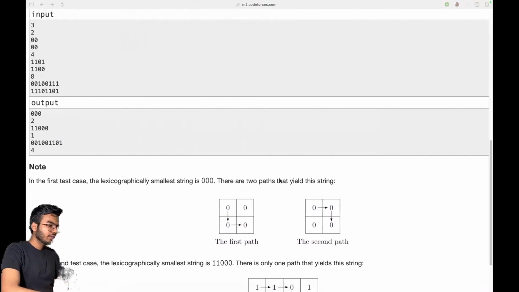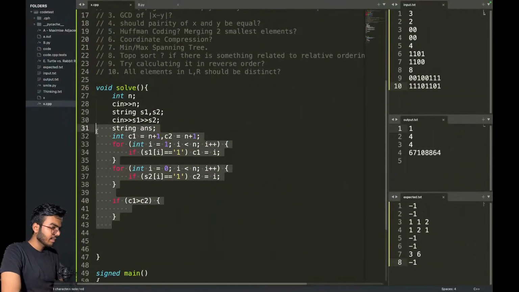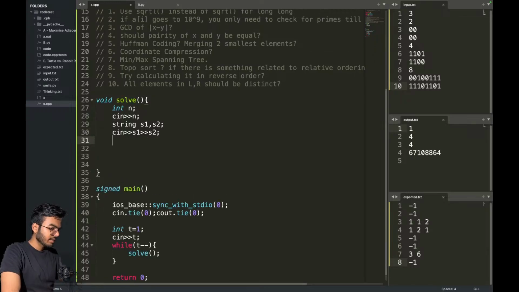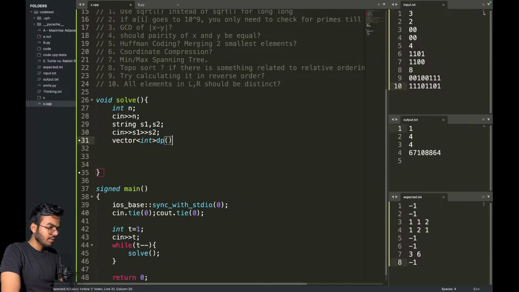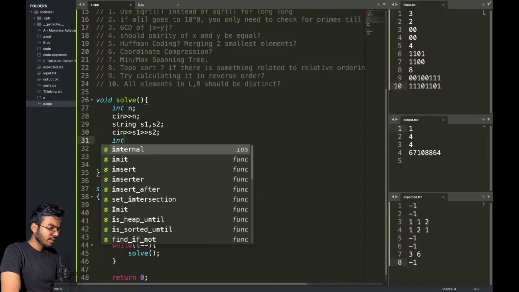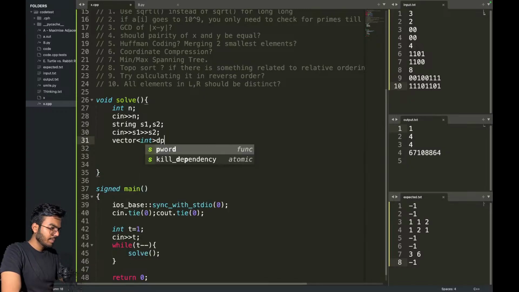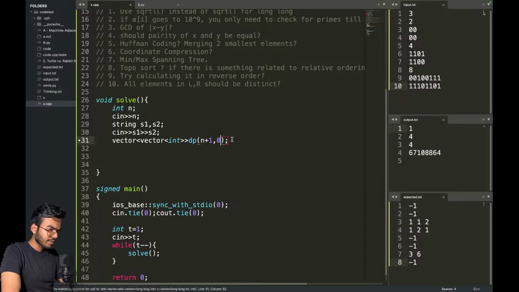So what I can do is, let's say, I think this is a DP question. There is no other way. So DP, let's say vector int DP of n plus 1 comma 0. Let's make it vector of vector int instead.